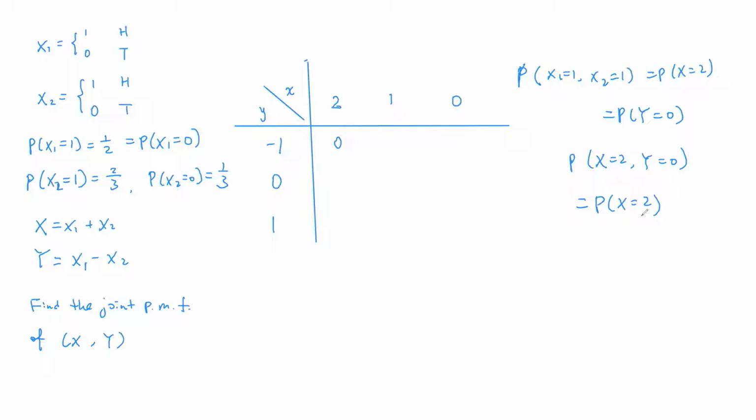So the probability of X equal to 2 and Y equals 0, they're the same event, which is X1 equals 1 and X2 equals 1. That means both tosses show heads, and they're independent. You have 1/2 times 2/3, you get 1/3.